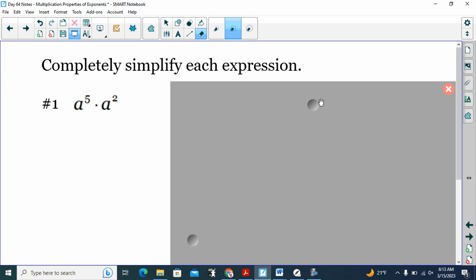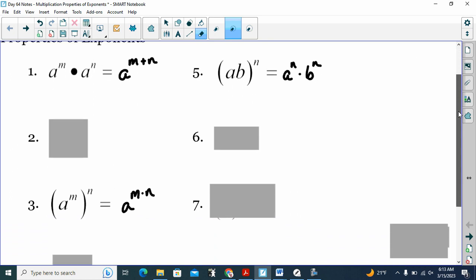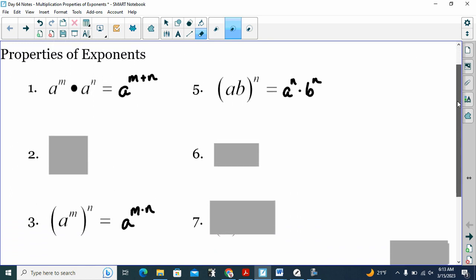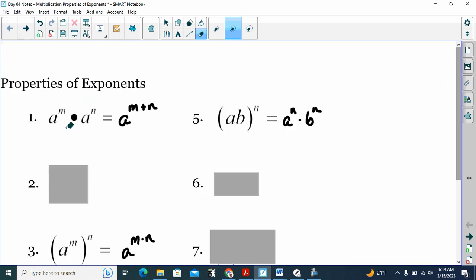Number 1 says a to the 5th times a to the 2nd. Looking at the three properties we just looked at, which one of these applies? It's this one here. If I multiply, I want to add the exponents.